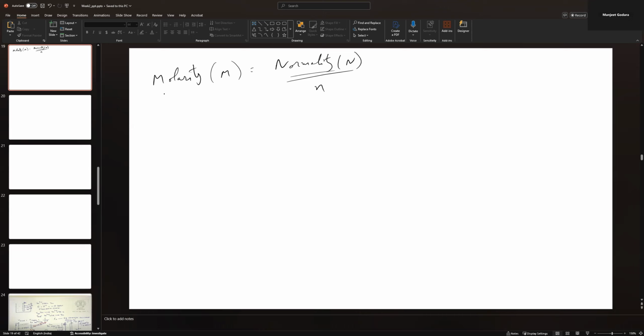Here n is the number of equivalents. To determine this, for acids, n is equal to the number of H plus.